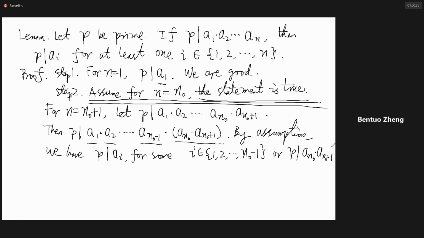Because we are treating this as a set of n0 numbers, the assumption says that if P divides the product of n0 numbers, P must divide one of them.